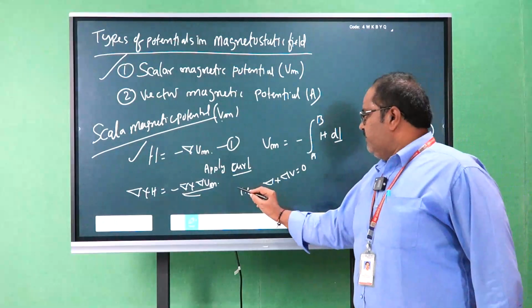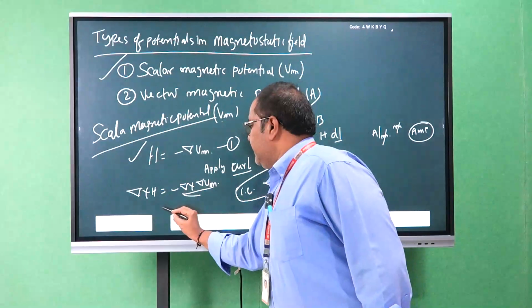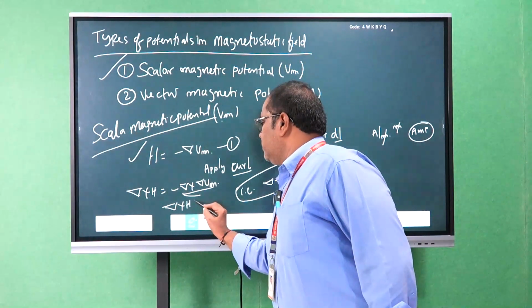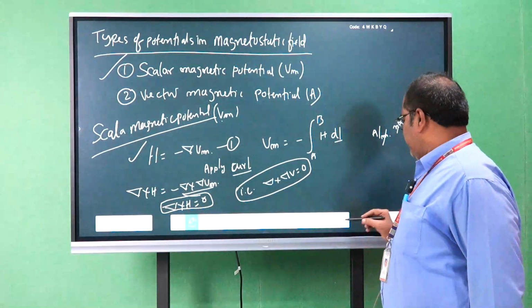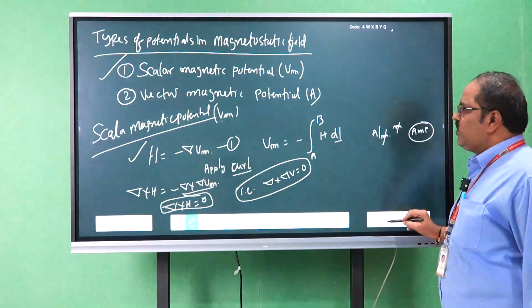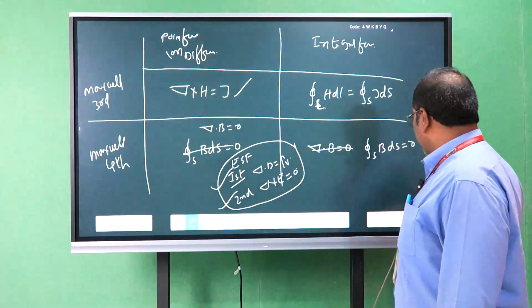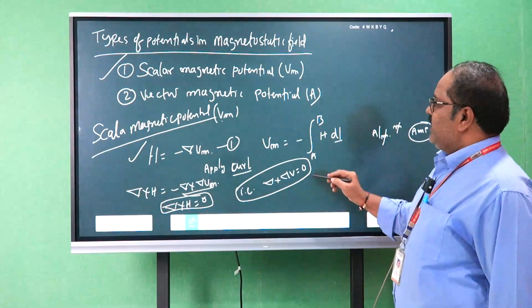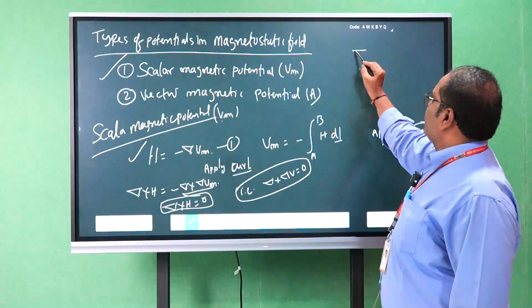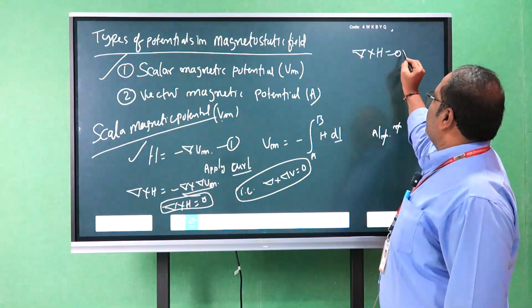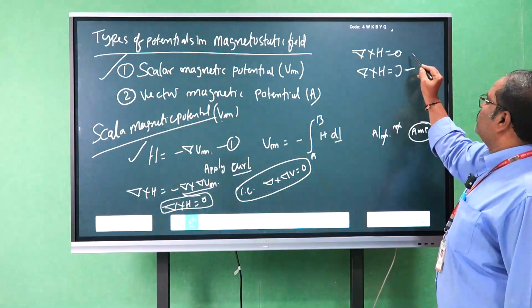Very, very important. Therefore, del cross H is equal to 0? No. Del cross H is equal to J according to Maxwell's third equation.